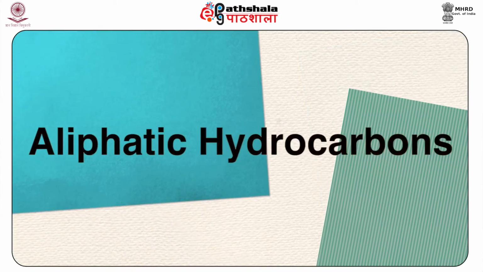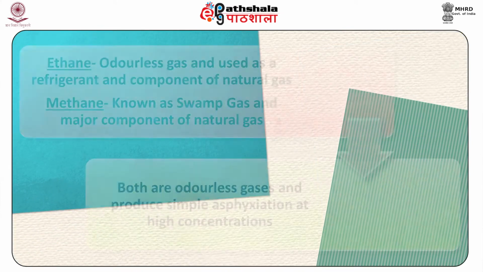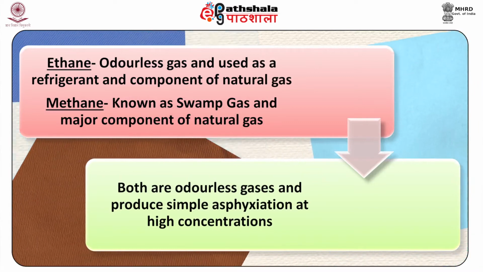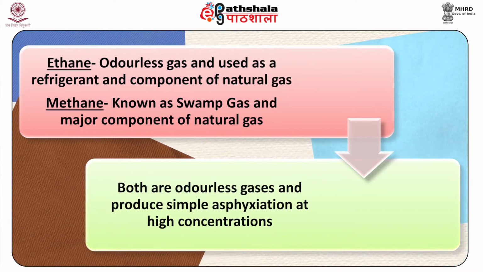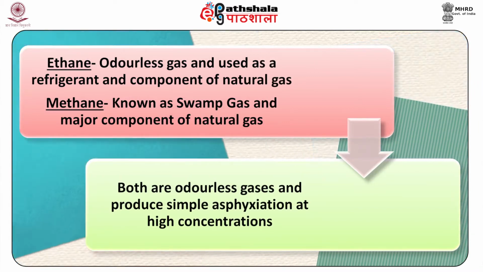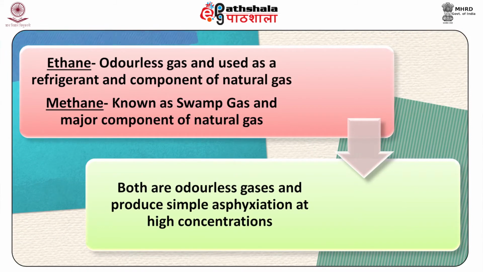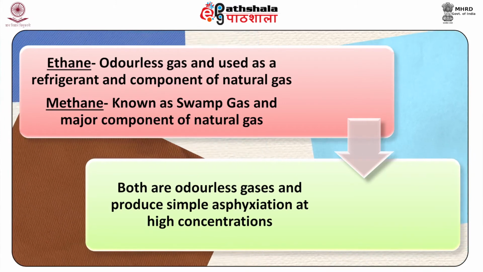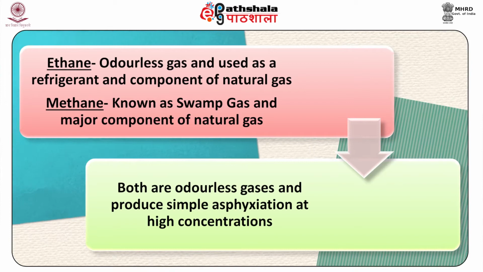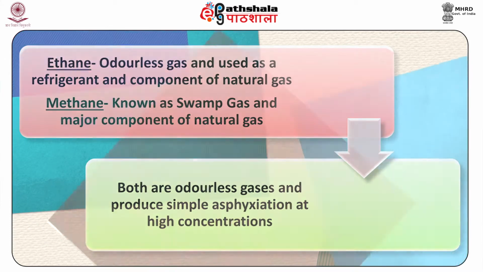Fifth is aliphatic hydrocarbons. Ethane is an odorless gas which is used as a refrigerant and as a component of natural gas. It is methane, also known as swamp gas, however, which is the major component of natural gas. Both are odorless gases and produce simple asphyxiation at high concentrations.